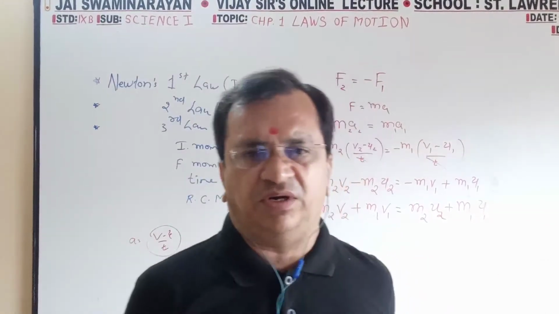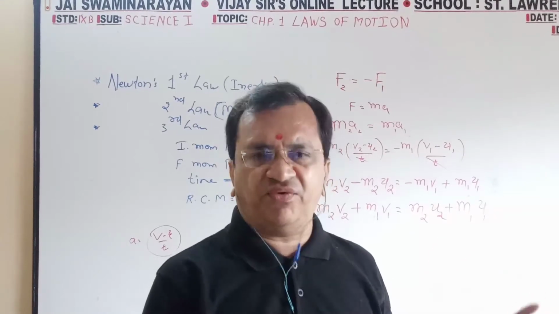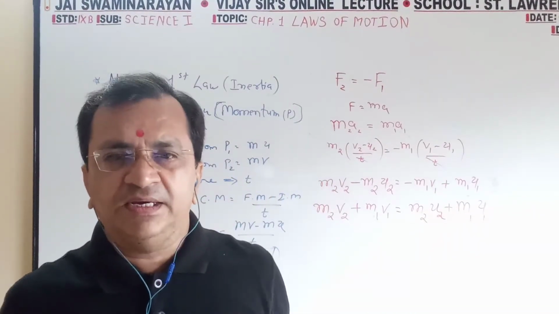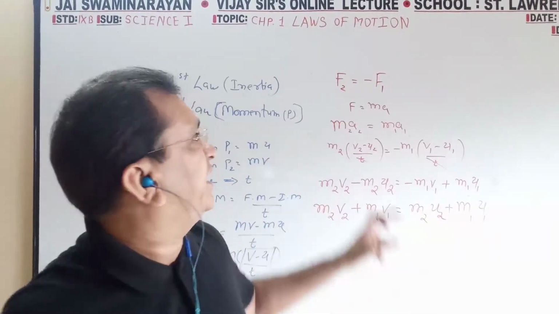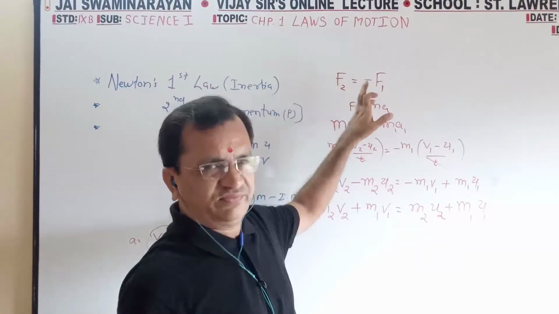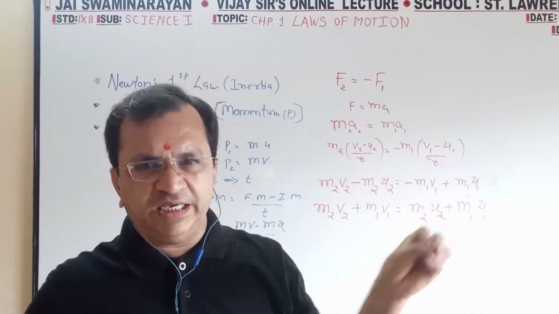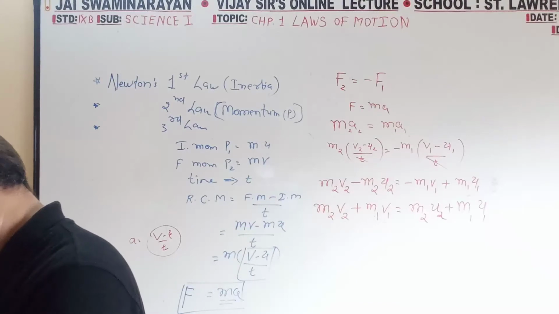The total momentum before and the total momentum after are equal. Why? Because both forces are equal but in the opposite direction. So you can start with F1 is equal to minus F2, but one of them is negative because both are equal forces but in opposite directions.